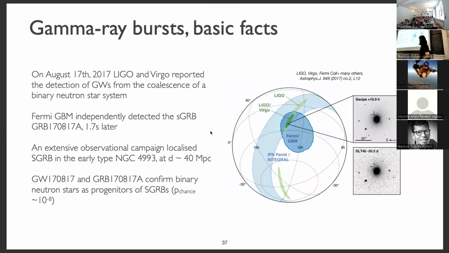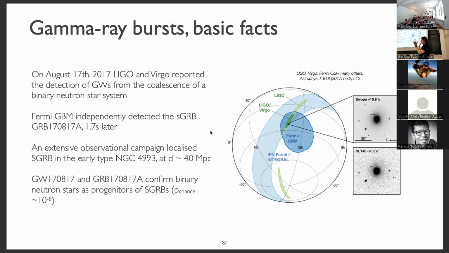And so perhaps the most important result associated with these GRBs is that in 2017, when LIGO reported its first detection of a neutron star merger event, within 2 seconds, the instrument in Fermi, which looks for GRBs, found a GRB.